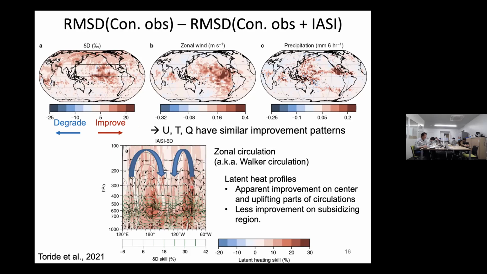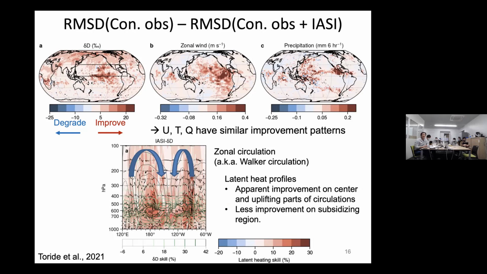And there are two cells here and there, with this direction and then that direction. Sorry to explain poorly, but this figure is showing the scale of improvements by latent heat profiles. There is apparent improvement at the center, the uplifting part of circulations. The red color is showing improvements in latent heat profile.